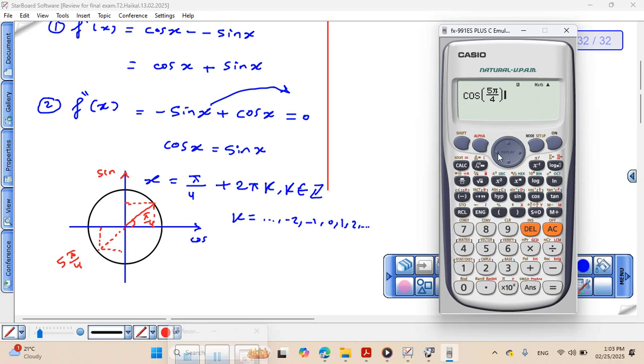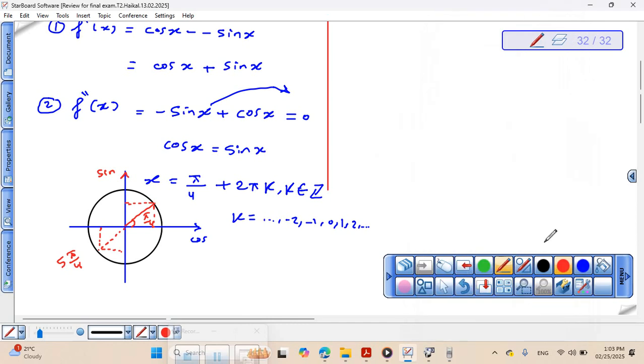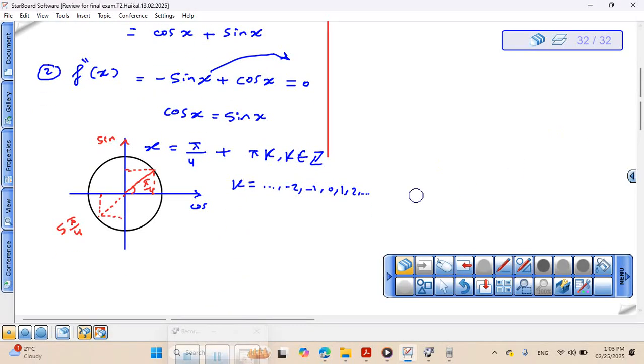What about the sine? The sine is the same. That means we don't need to write 2 pi, but plus pi k. This is the answer. We have many inflection points.